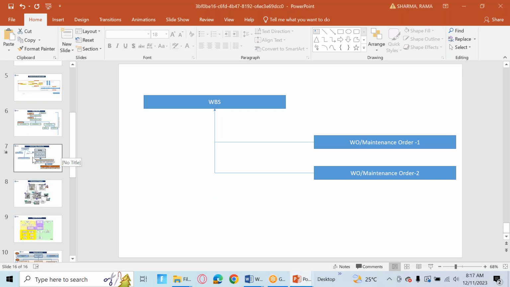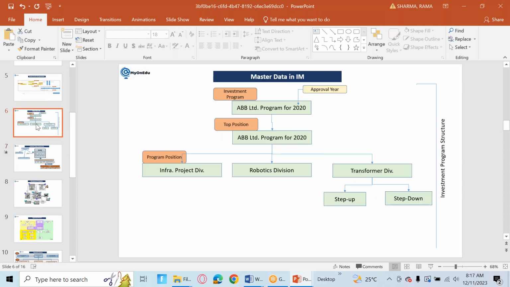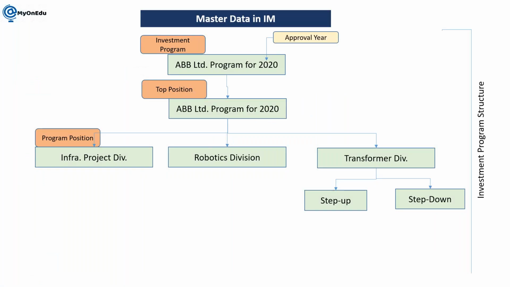So let me come to the scenario which I explained in my previous session also. I've taken an example of ABB Limited, which is running different types of projects. This ABB Limited program has different divisions: infrastructure project division, robotics division, and transformer division.